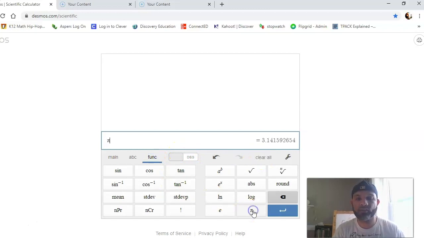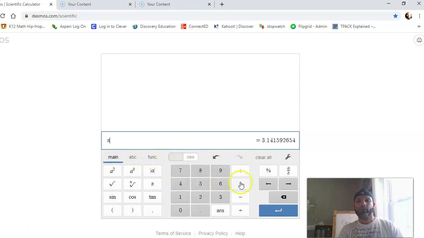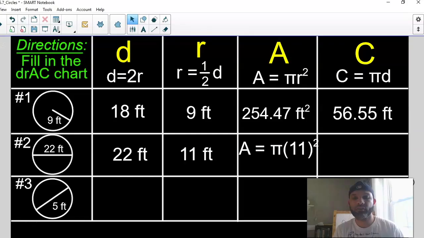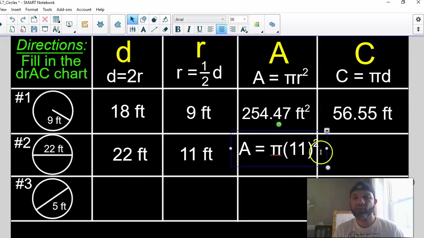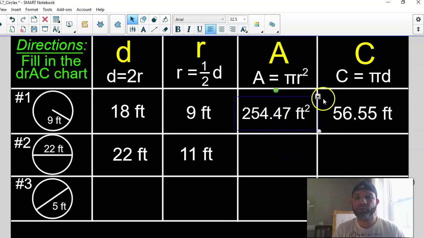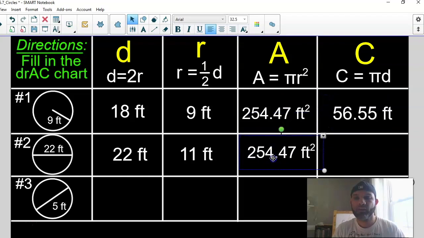Pi times 11 squared, Desmos calculator. Here's my squared button. 380.13. Okay, 380.13 is our area.